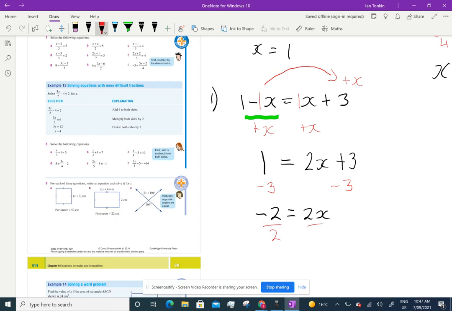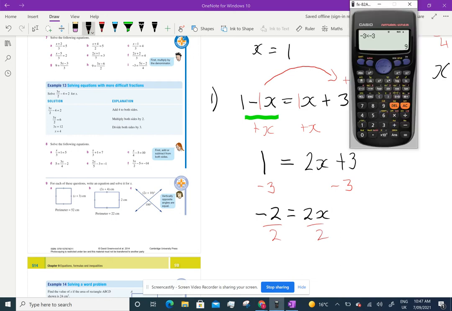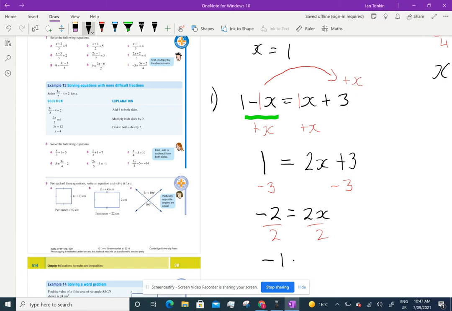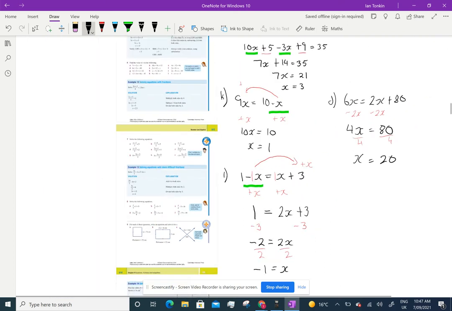You're dividing by 2. Negative 2 divided by 2, negative 1. And that's the answer to 6L.